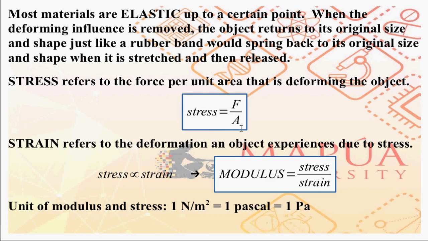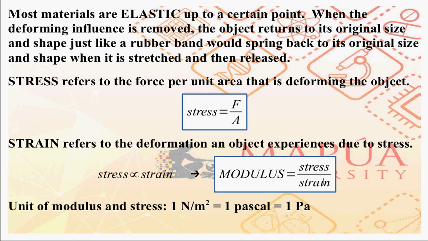So, stress and modulus have the same unit, Pascal. Modulus is equal to stress over strain. Modulus, Pascal unit. Stress, unit is Pascal. To maintain the equality, that means strain is unitless.